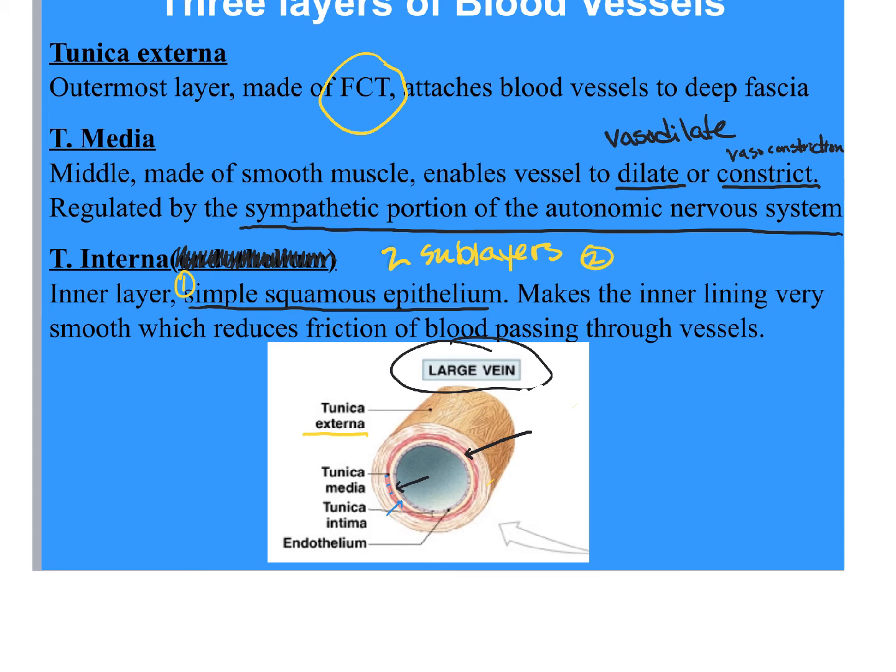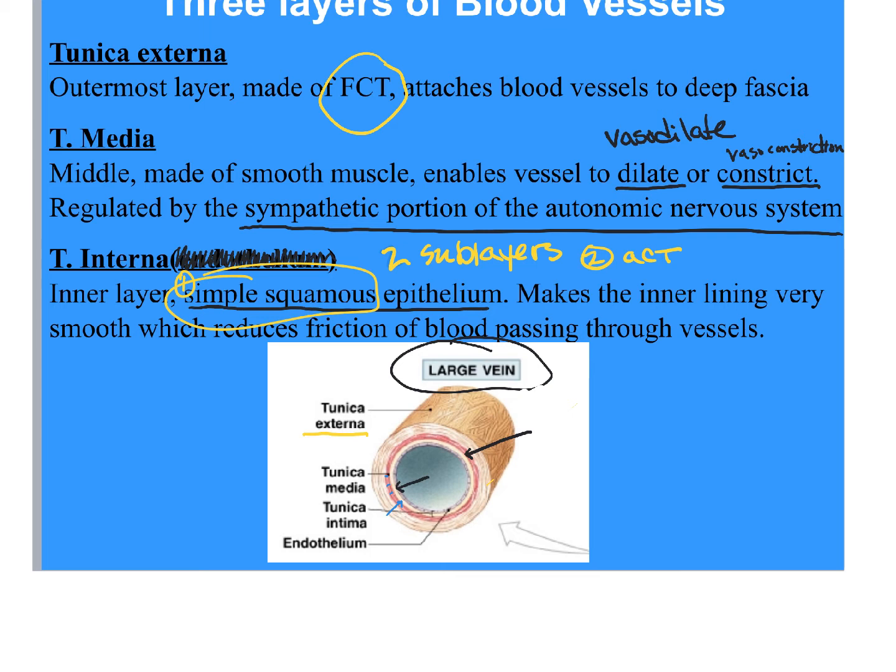And then the second layer is a layer of areolar connective tissue. Okay, so two sublayers making up the tunica interna. Saying tunica interna accounts for both the simple squamous and the areolar connective tissue. If you just say endothelium, it only refers to that simple squamous. So just so you know.